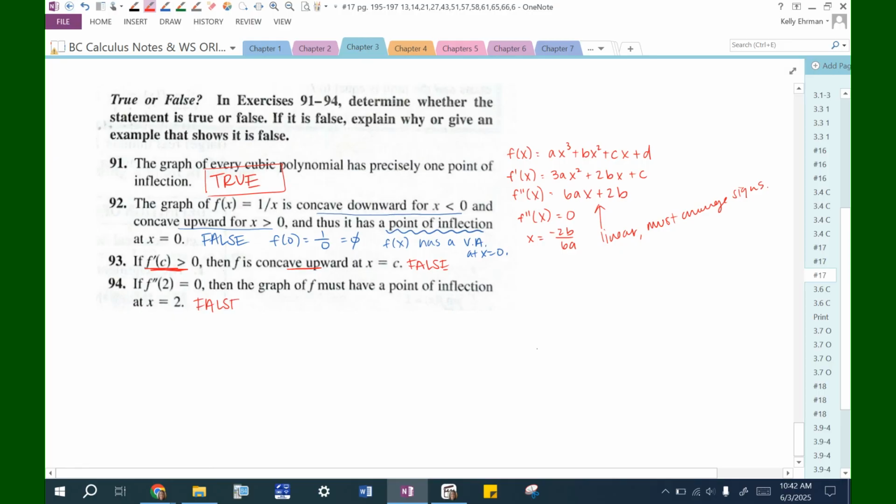Because remember, that's just the first step. That's what you then put on a number line and you have to test. So just because you have a possible inflection point doesn't mean that the graph is changing concavity. So not guaranteed that f double prime of x changes signs at x equals 2.